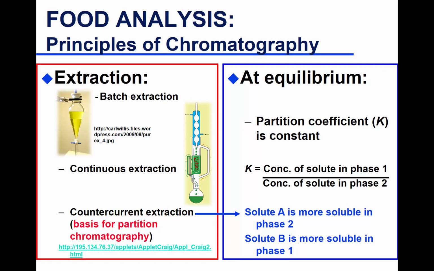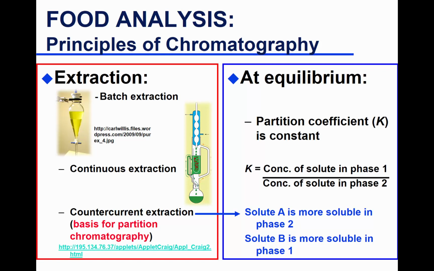So the countercurrent extraction is the basis for partition chromatography, where you have two liquids that you are using in multiple tubes to separate two different components or more. So I will show you the demonstration in a bit. But what happens here, you have a coefficient that is called the partition coefficient, and it is constant at equilibrium.